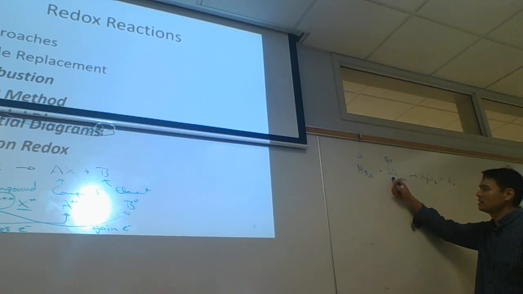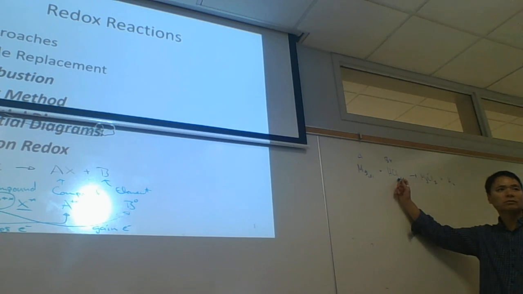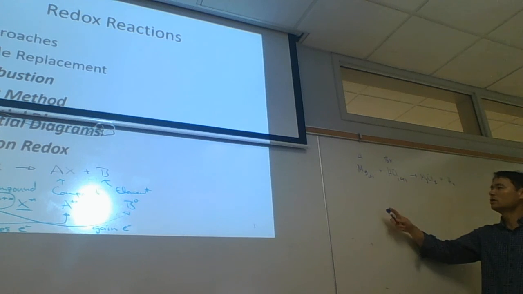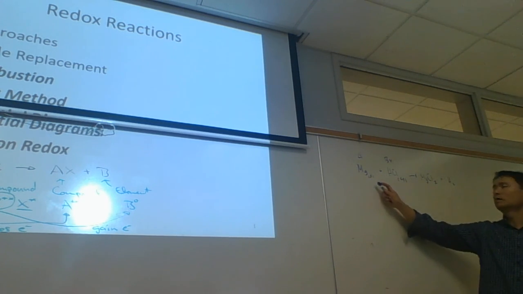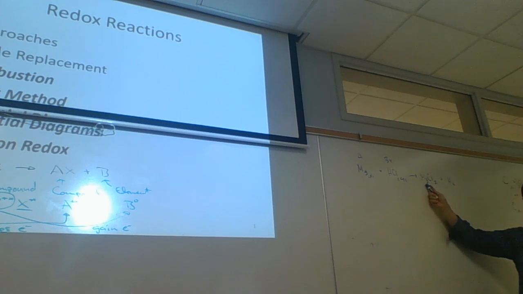What's chloride's role? Spectator. And so H+ oxidizes magnesium. In the process it forms magnesium 2+ and hydrogen gas. That's how we read this. It takes time to get the jargon down, and you have to go through these over and over to get it.